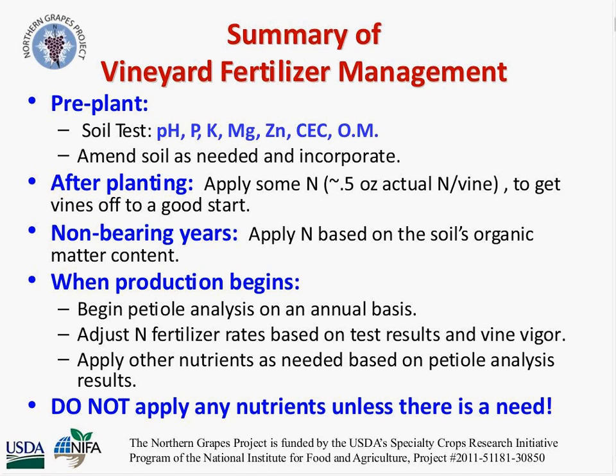Adjust your nitrogen fertilizer rates based on the test results and vine vigor, and apply the other nutrients as needed based on the petiole analysis results. And of course, here, do not apply any nutrients unless there is a need.